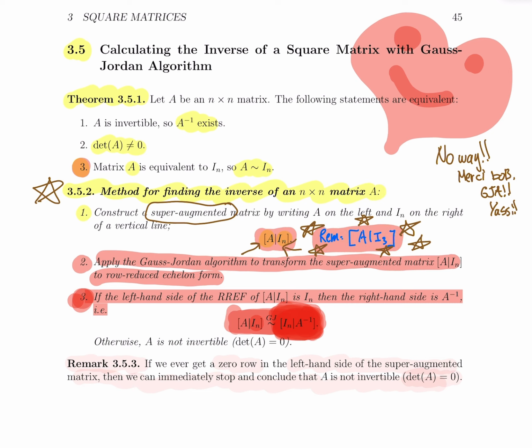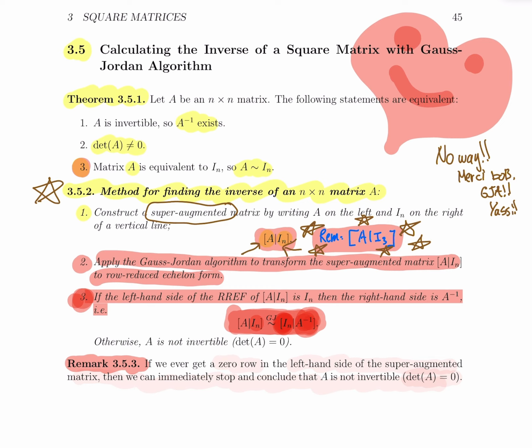If you forget to compute the determinant to decide whether the matrix is invertible or not, what will happen if you start right away, construct your super augmented matrix and apply Gauss-Jordan? Well, we'll do an example like this where we fake that we don't know that there's no inverse.